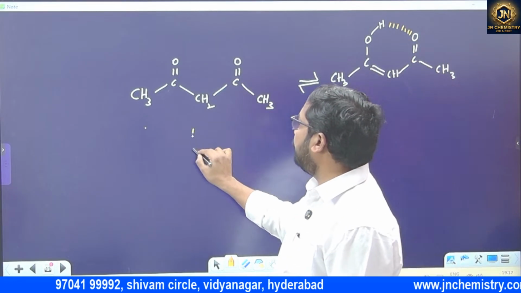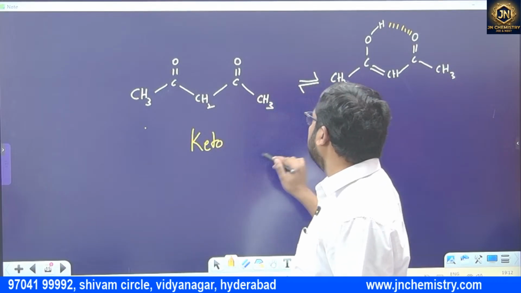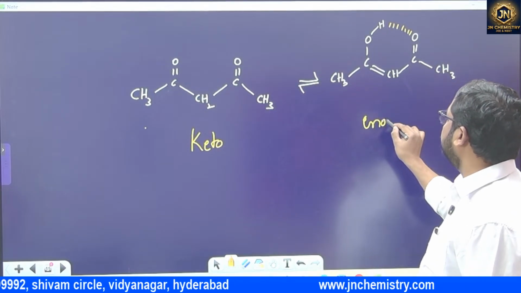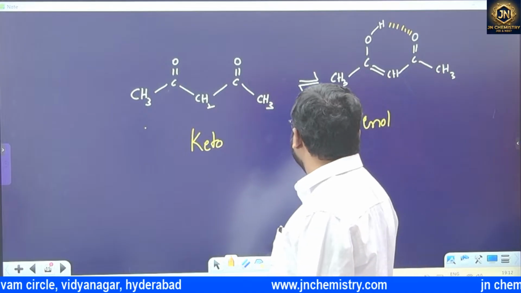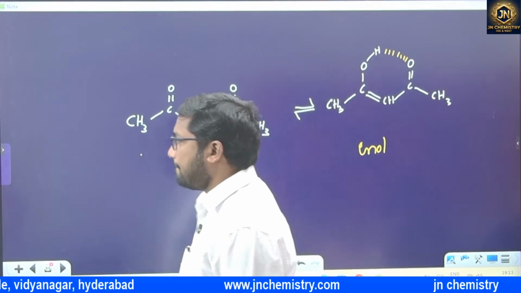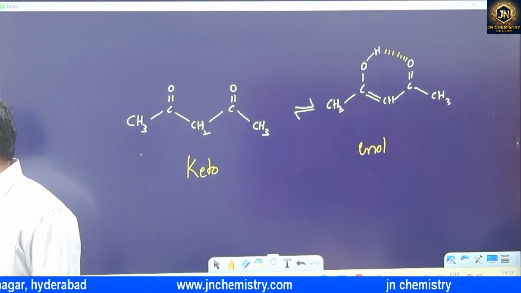This is the keto form, this is the enol form. Let me know the answer. Is the keto form more stable, or the enol form?